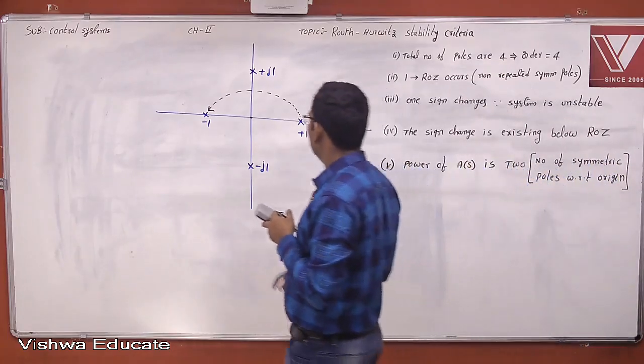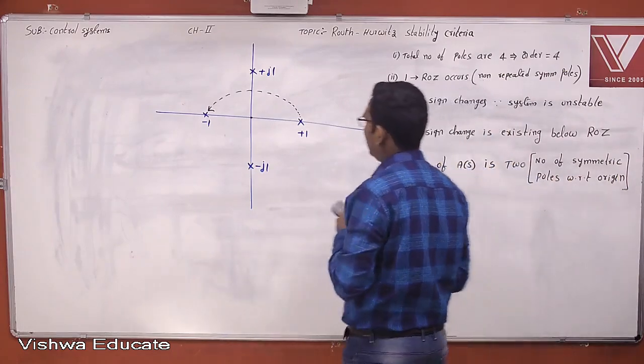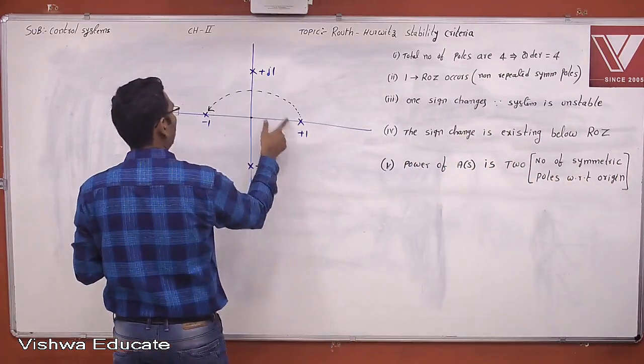This is the number of symmetrical poles with respect to origin. How many? 1, 2, 3, 4.